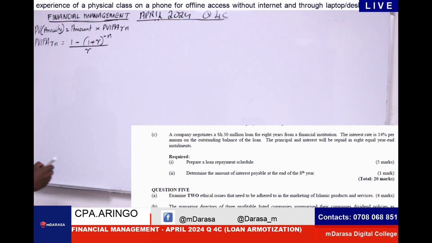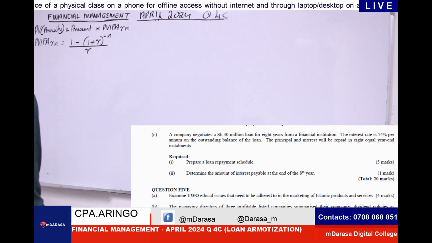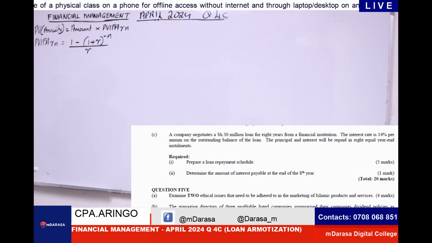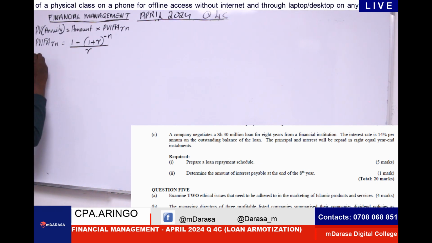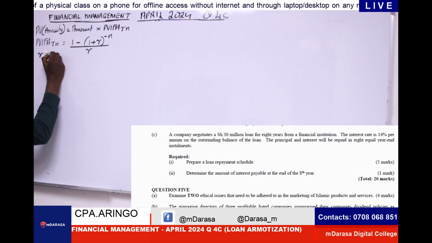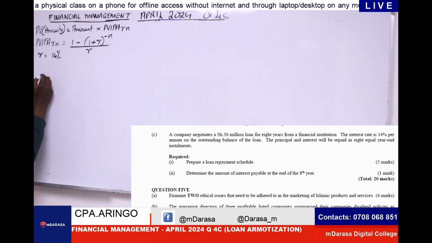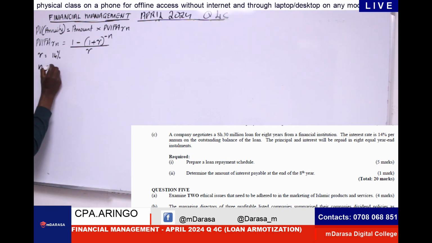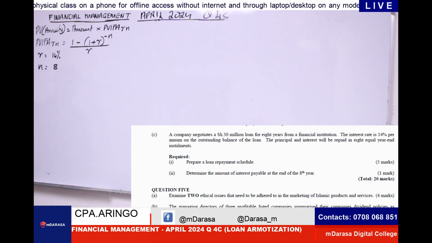The next stage after that is to look at the variables that our good examiner had given us. It is very important to analyze the variables that you are given. In this question, we are told that our rate is 14%, whereas n, the number of periods, is 8 years.